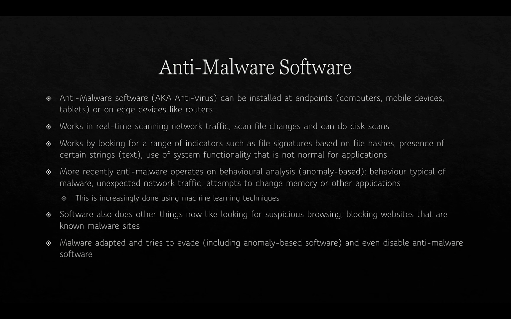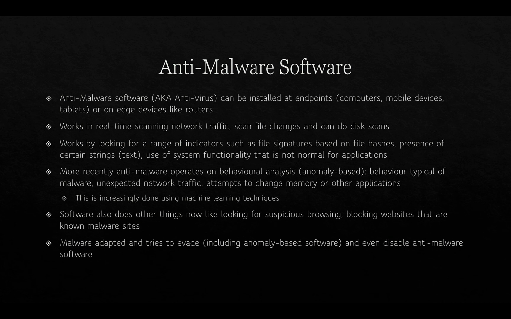Software also does other things now, like looking for suspicious browsing, blocking websites that have known malware, blocking spam, for example, so the level of sophistication of anti-malware and the products that are being offered is growing by the day.